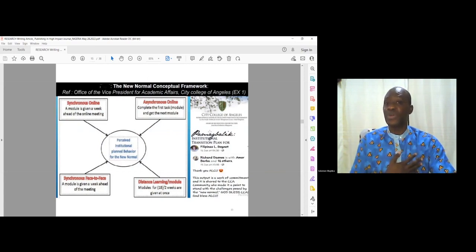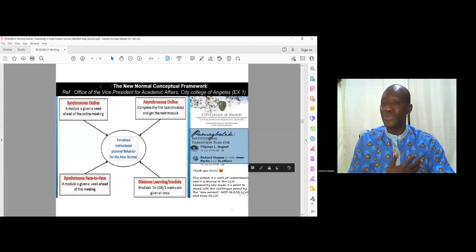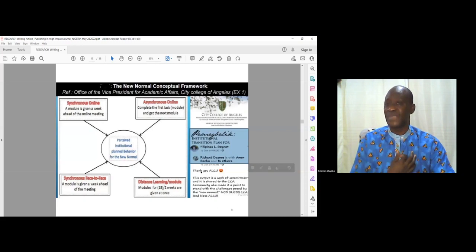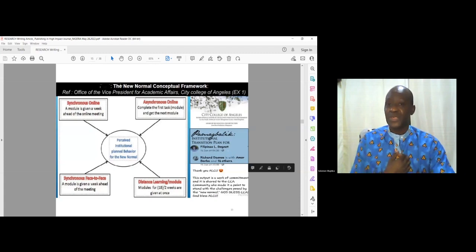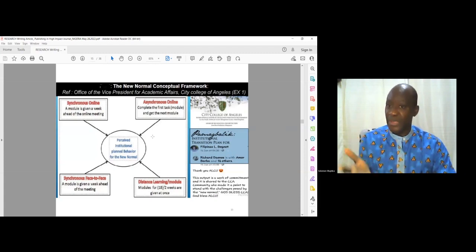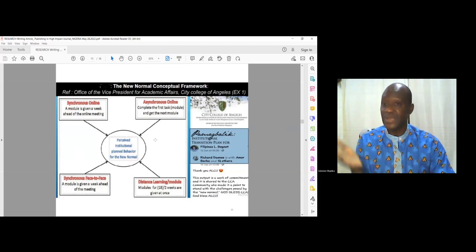I am using them because this school was one of the first institutions to discover a way forward during COVID, and I'm happy I am part of them. So this is the model we came up with during that time.